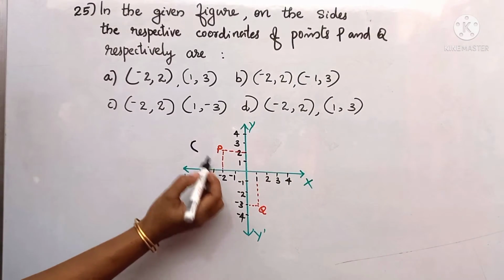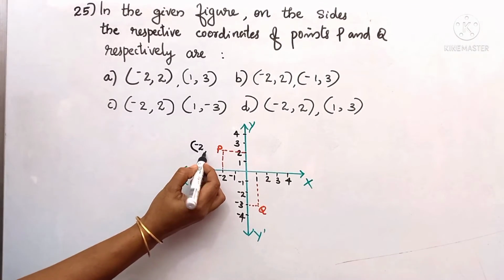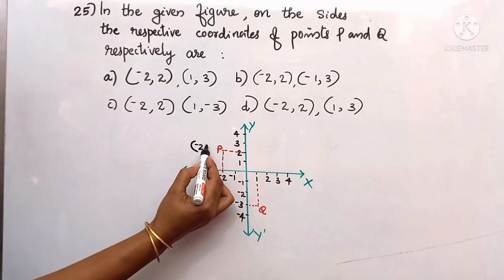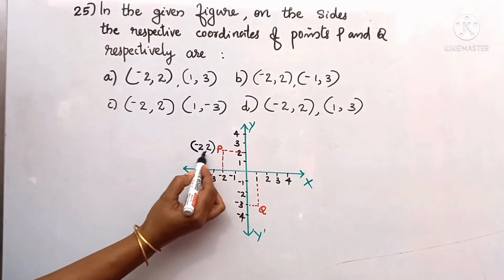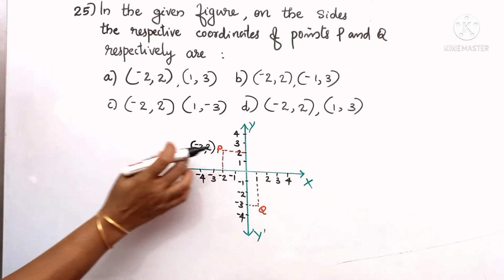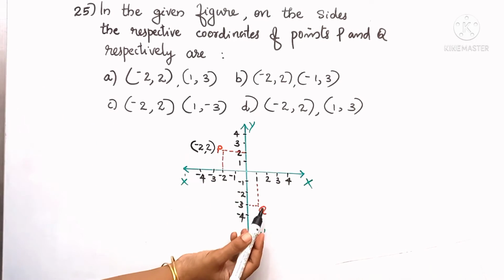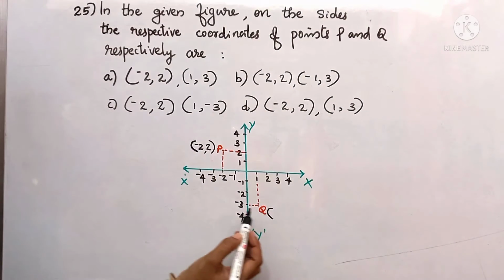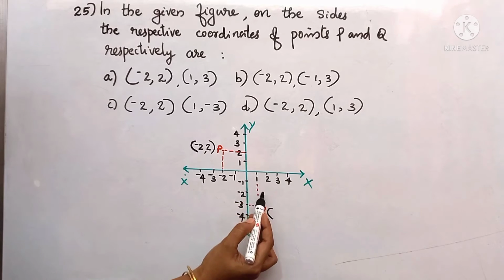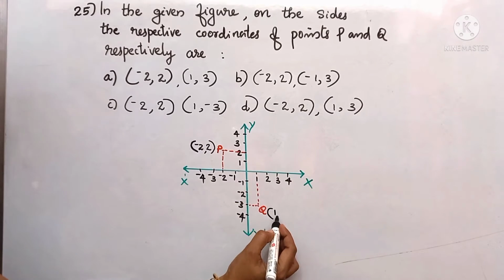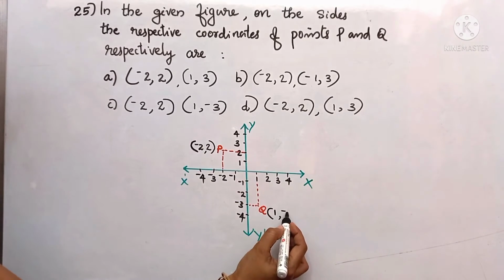Here it is minus 2. Then the y coordinate is plus 2. So minus 2, 2, we have got P. And next one, the point Q, on the x-axis, the x coordinate is 1 and the y coordinate is minus 3.